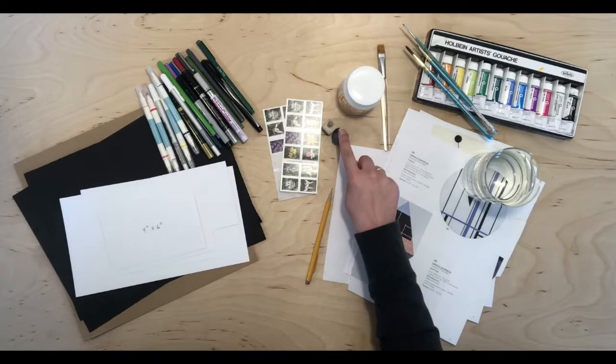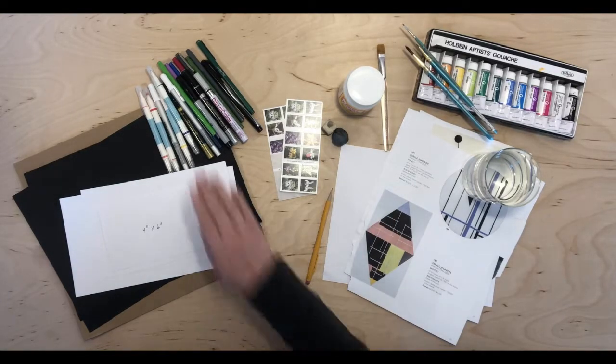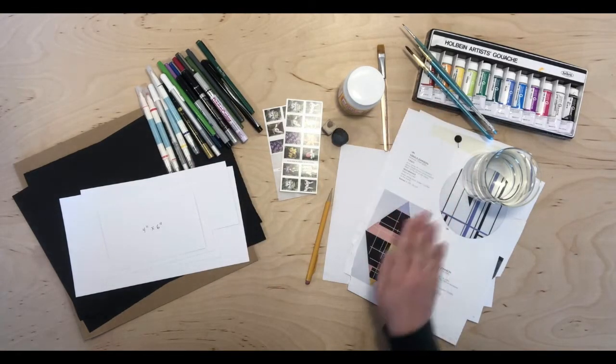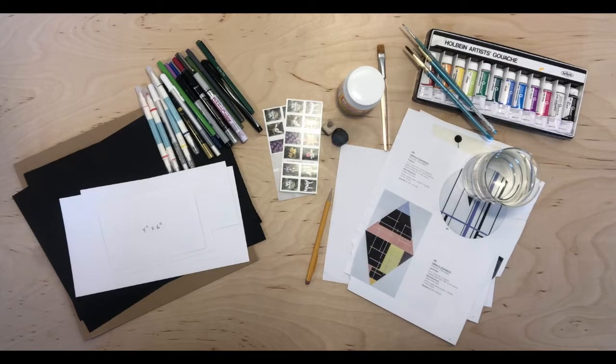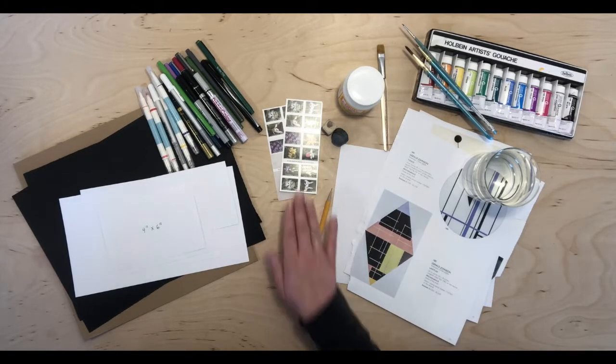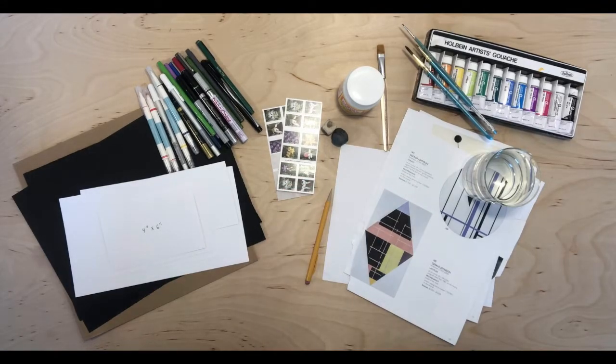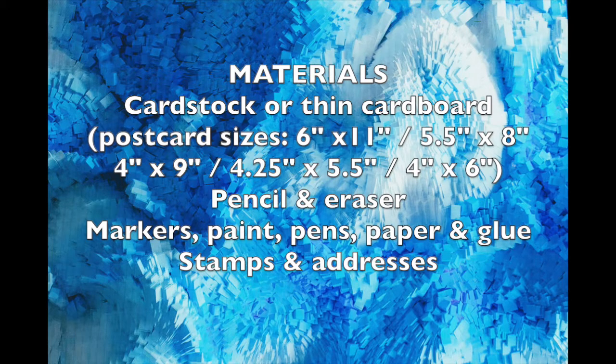Pencil and eraser to sketch out your ideas. Markers, paint, pens, paper, and glue to create and decorate your mail art. Today we will create a painted postcard as well as a collage work for our mail art. Stamps and addresses to send your work out to a friend or collaborator. Take a moment to gather the items you need to join in on the art making.